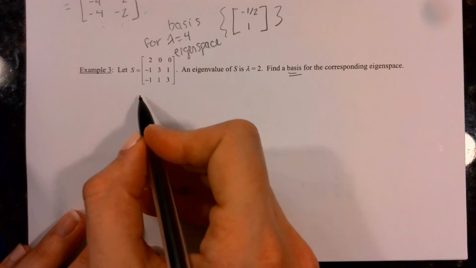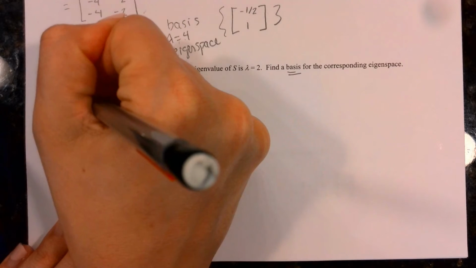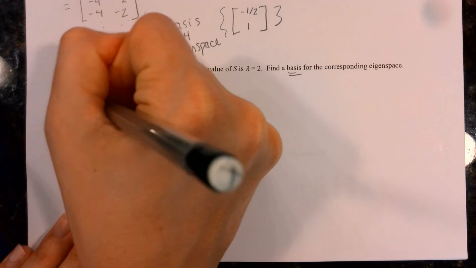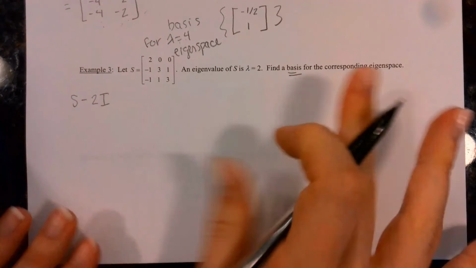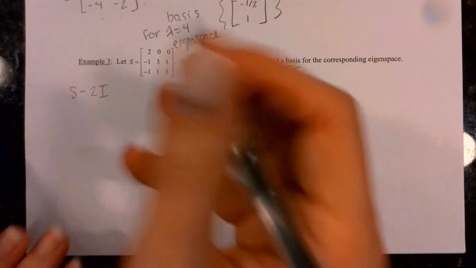So first thing we need to do is find the matrix that we were looking to row reduce. I need to find, and I said this was S minus 2i. That is the matrix that I am looking to find the null space for.